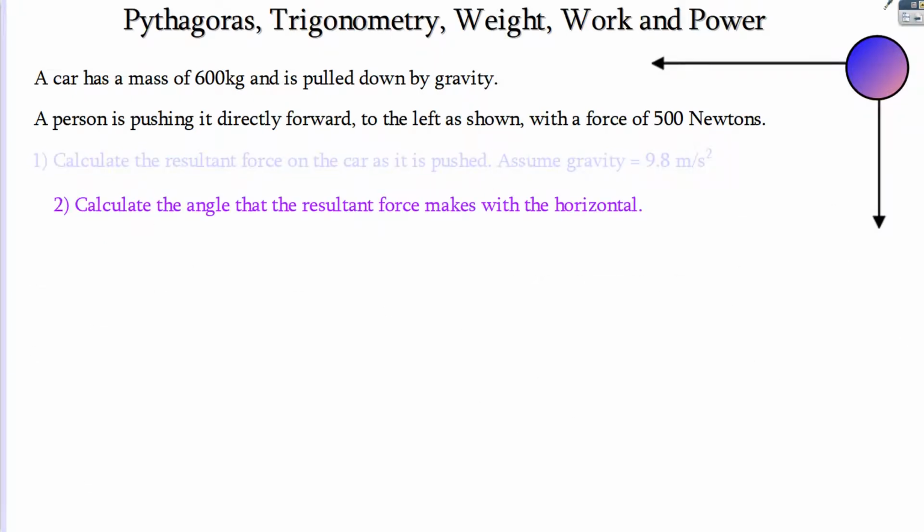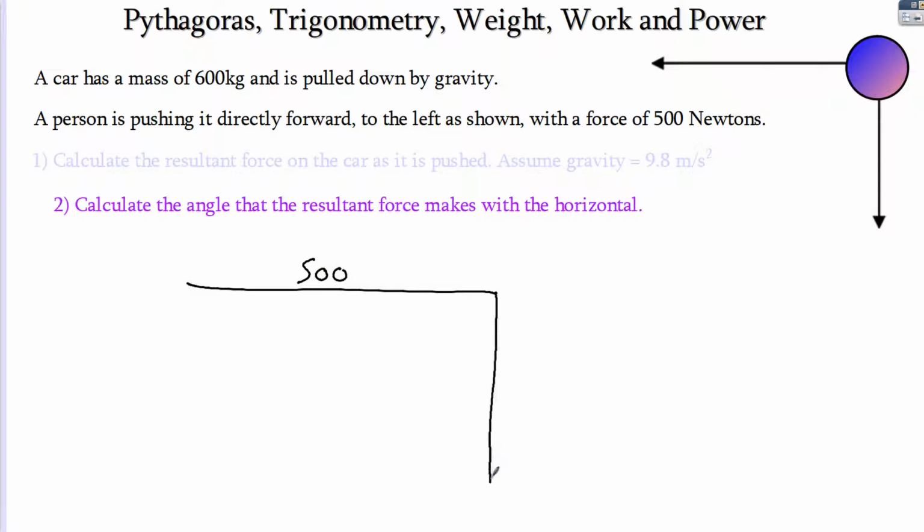Calculate the angle that the resultant force makes with the horizontal. Okay, well this is the horizontal, obviously going across like that. This force here is horizontal. So the horizontal is 500.